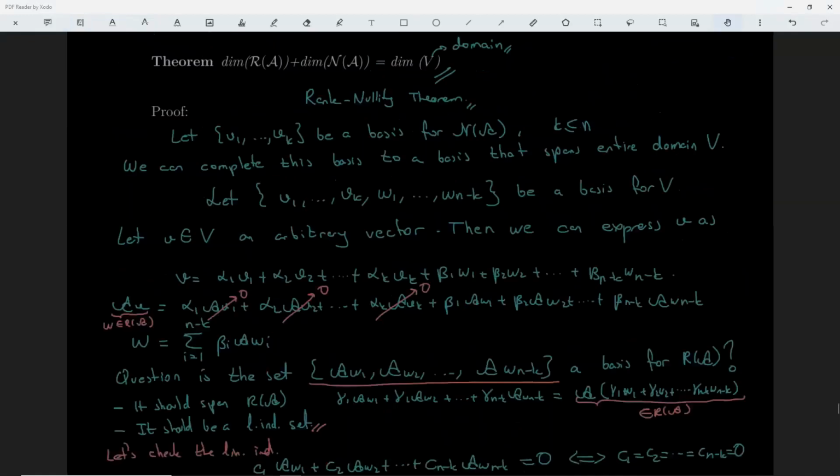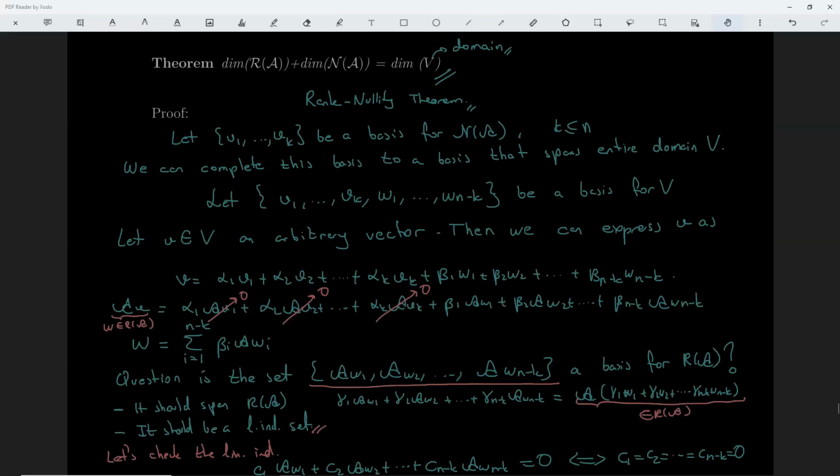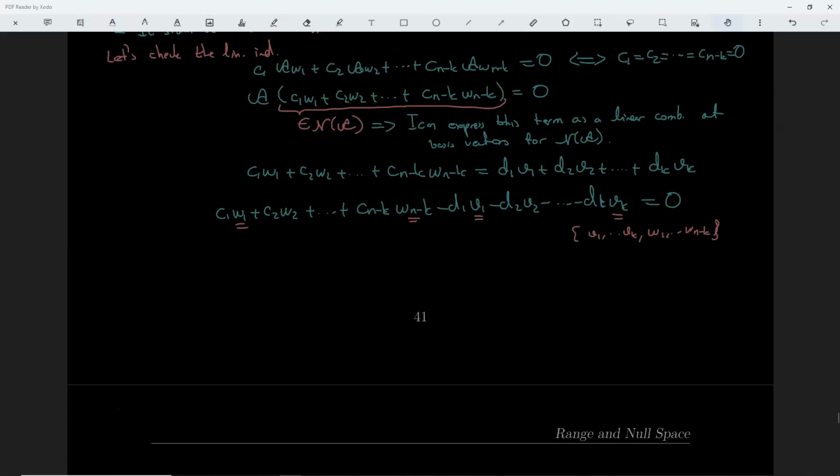So notice that we said let v1 to vk and w1 to wn minus k be a basis set for v, right? So it is this set over here. If I go down, I said that this is a basis set for v. So let me write it down more explicitly.